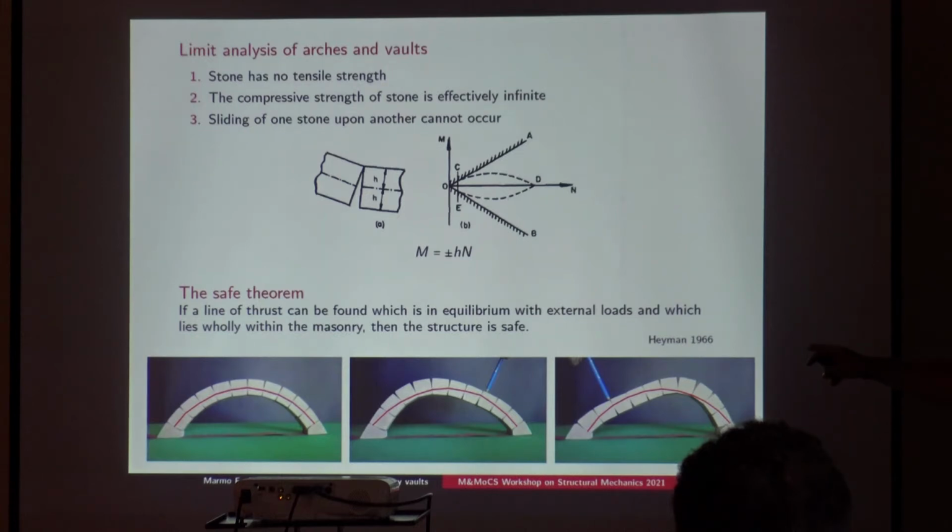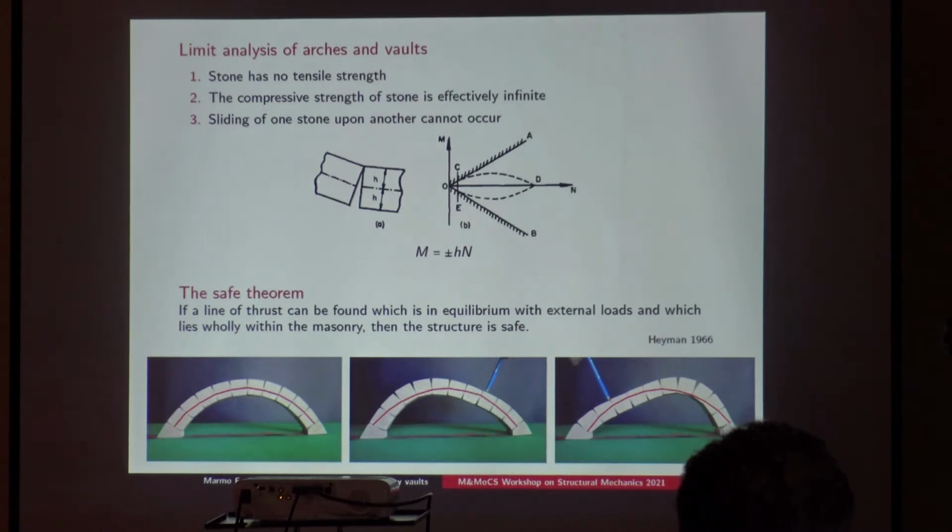This is a small arch model in which the voussoirs have a curved interface so that they touch just in one point. And in this way, you can visualize the point where the axial force is transmitted between the voussoirs of the arch.